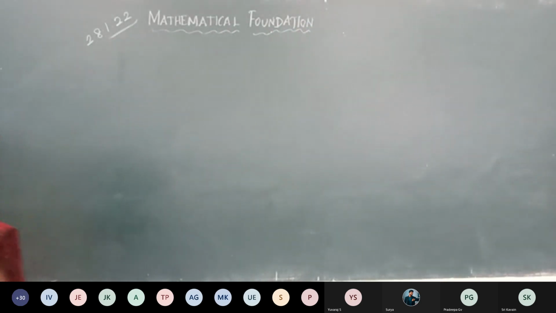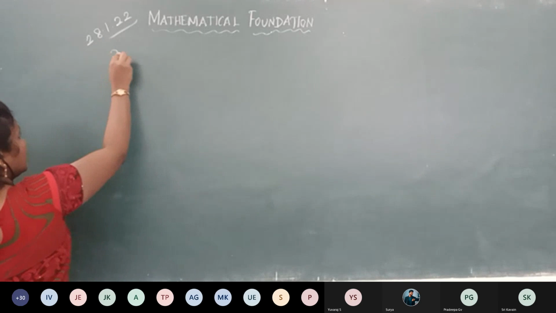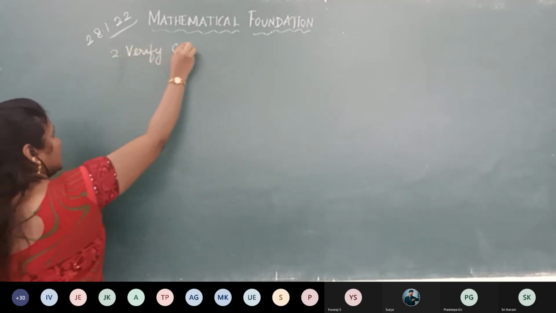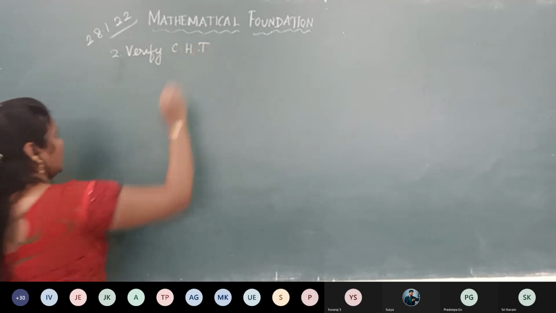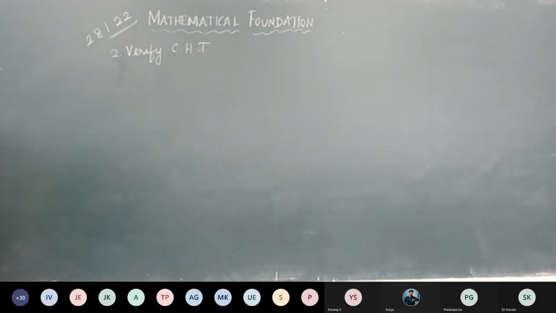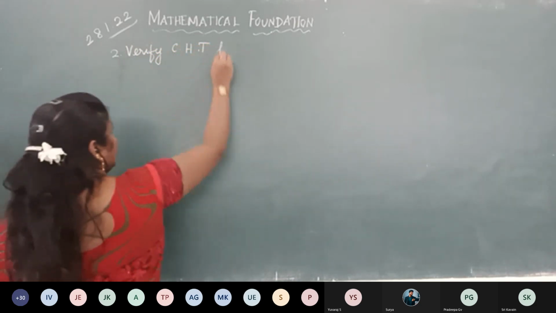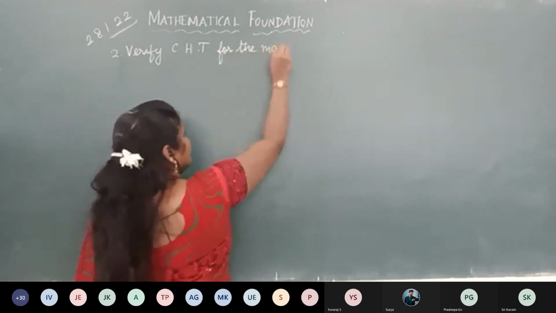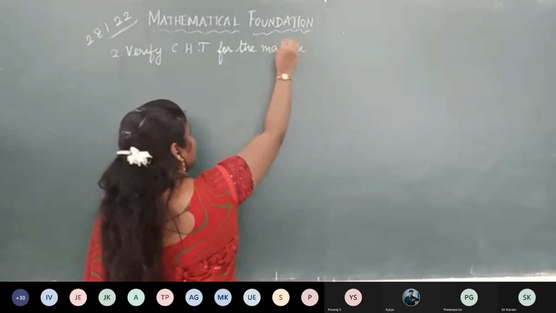So write your question. Verify Cayley-Hamilton theorem. Verify Cayley-Hamilton theorem for the matrix. I'm going to tell the 3 cross 3 matrix.